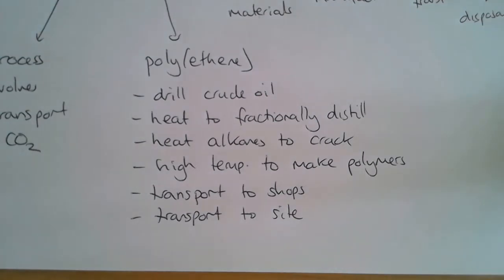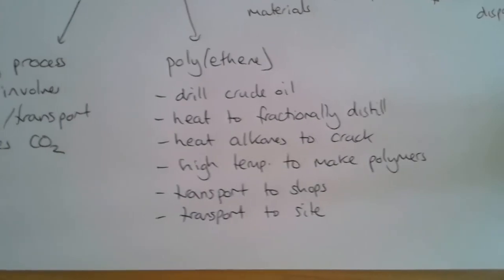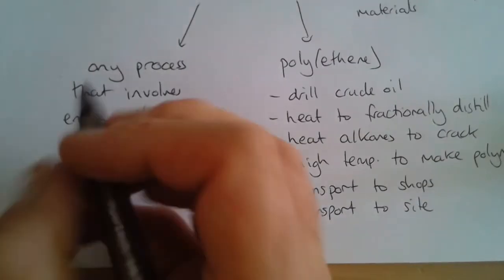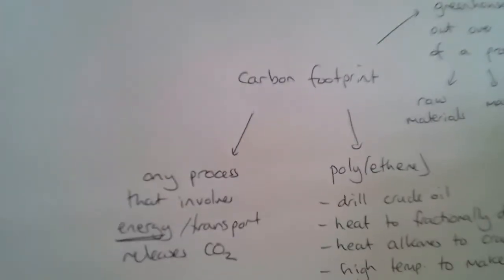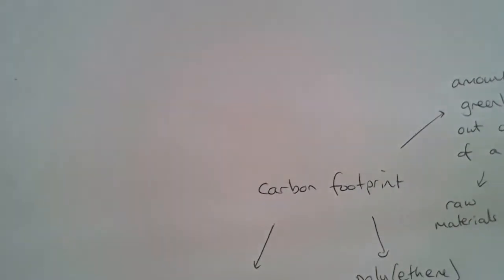And that if something involves energy, it's likely to release carbon dioxide into the atmosphere. And that is because the majority of energy production around the world is as a result of burning fossil fuels. And that releases carbon dioxide into the atmosphere. Also, transport is going to potentially release nitrogen oxides into the atmosphere as well. So this is obviously something that we need to try and reduce.